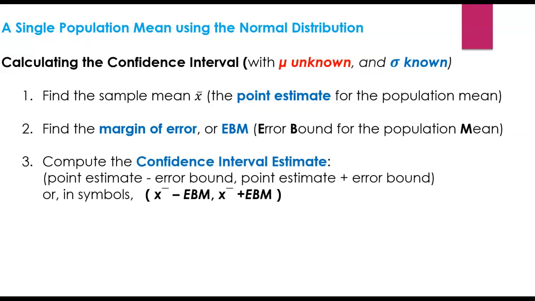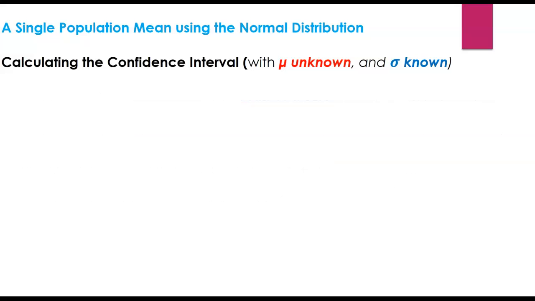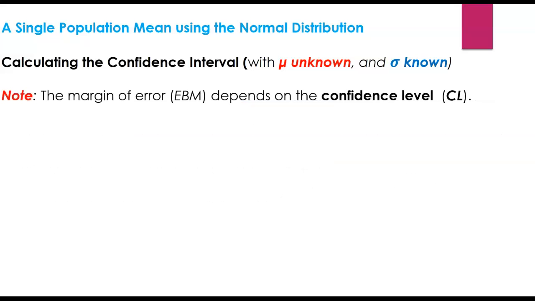And we're going to compute the confidence interval estimate, which is point estimate minus the error bound, comma, point estimate plus the error bound, or in symbols, x bar minus EBM, comma, x bar plus EBM.